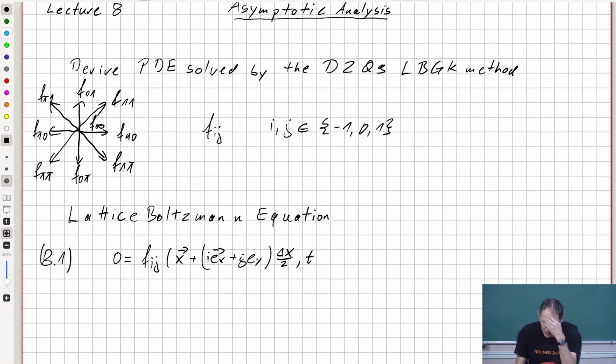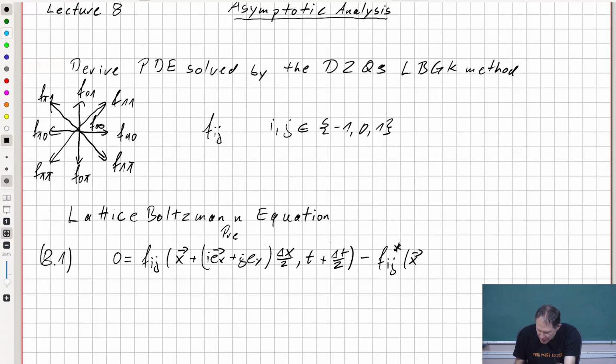And we have a half time step, plus delta t half. So we store our populations in between lattice nodes and in between time steps. Yeah. So this is the pre-collision minus the post-collision of the previous one.